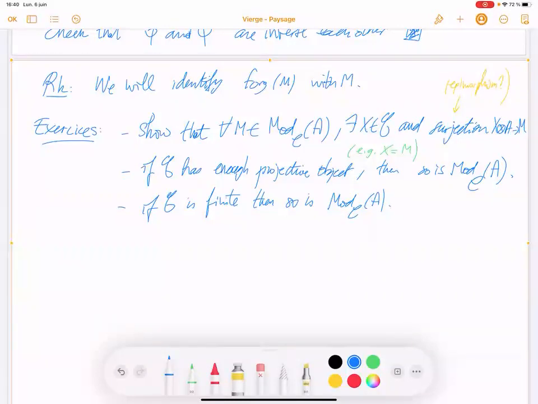If you don't assume finite for C and for the C-module category, then this is not true in general. But if you assume C finite and the C-module category finite, then it is true.